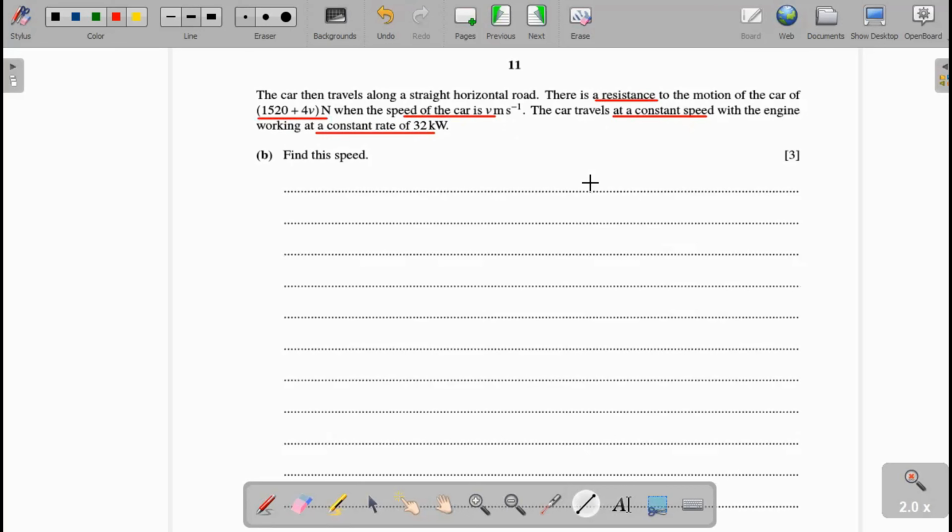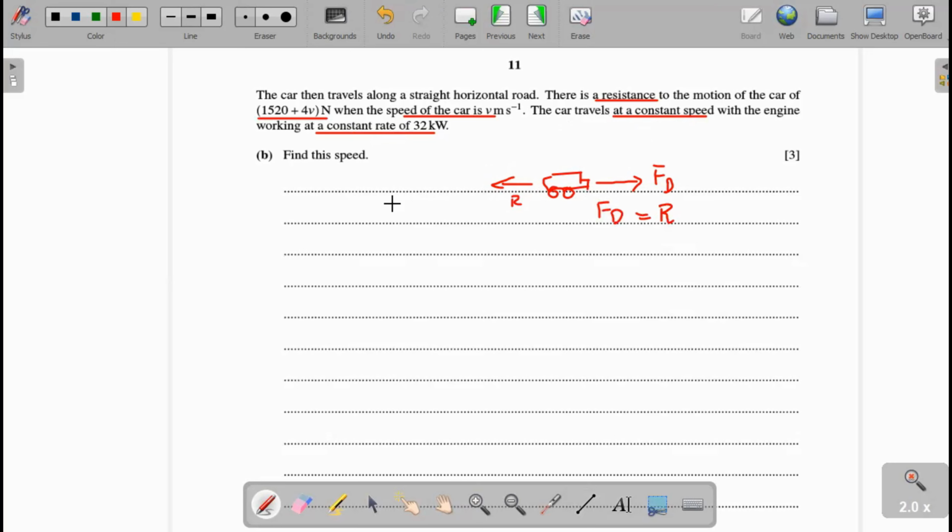Now we see that the forces acting on the car, one is the applied force. So this is the car, and the forces acting on this car, one is the driving force, and another is the resistive force. You can see that the car is traveling with constant speed, it means the resistive force will be equal to driving force.